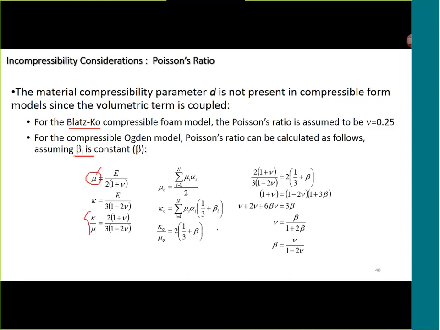So these are the two important elastic constants related to compressibility. The Blatz-Ko material parameter beta can be related to the initial bulk modulus and the shear modulus, so that we can have some physical feel, and beta can also be derived from the Poisson's ratio itself. For many materials, the material supplier will provide the initial shear modulus and initial bulk modulus. Those parameters can be used to derive the hyperelastic material constants as well.